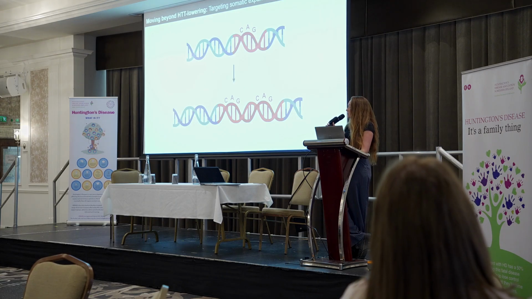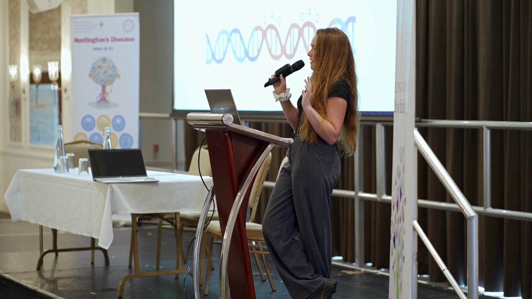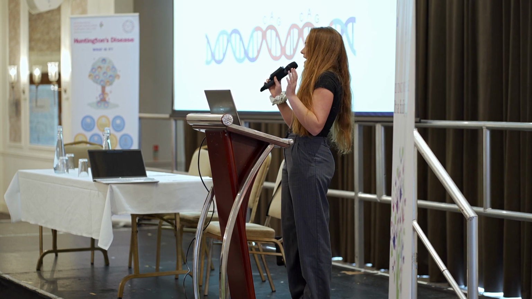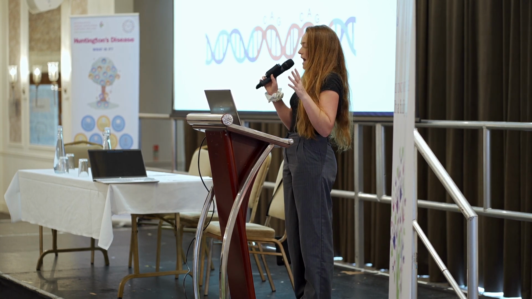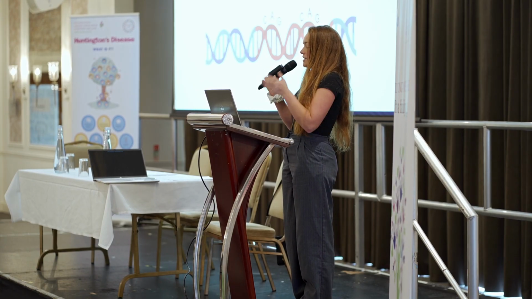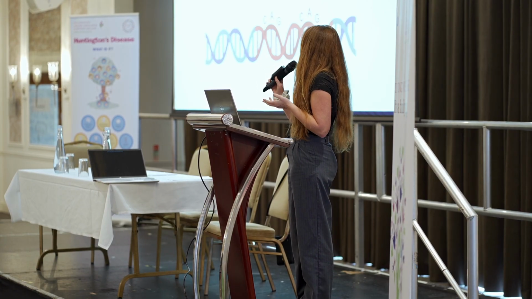About 10 years ago, some genetic studies were done to try and better understand what determines when symptoms manifest. These were called genome-wide association studies. Basically, they compared the DNA of loads and loads of different people with Huntington's disease against the age at which these people developed symptoms.